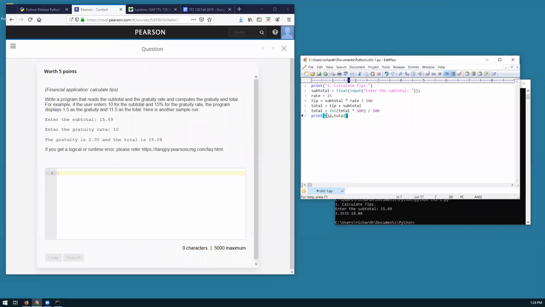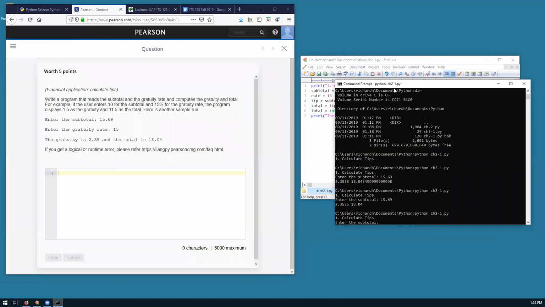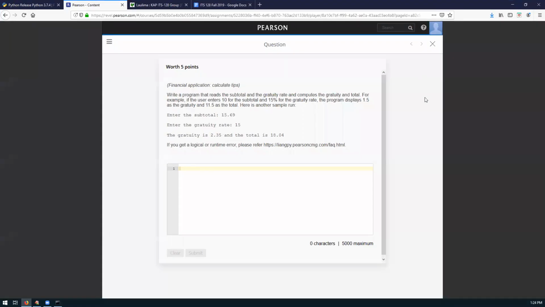So you need to do the same thing for tip, and then you also got to put something like, the gratuity is $15.69. The gratuity is that, except it's got to look like that. All right? So that's the first question. Let's go to the next one.